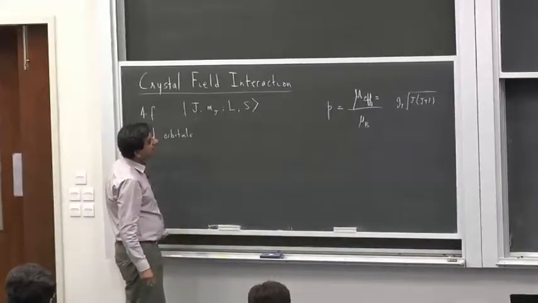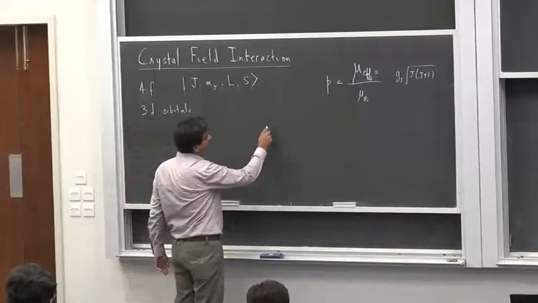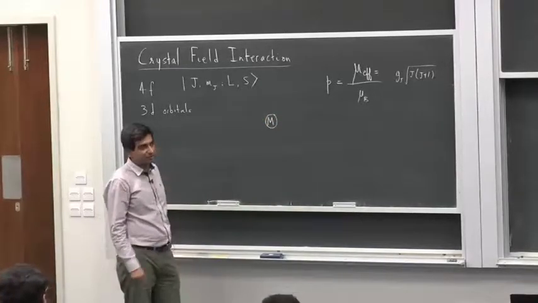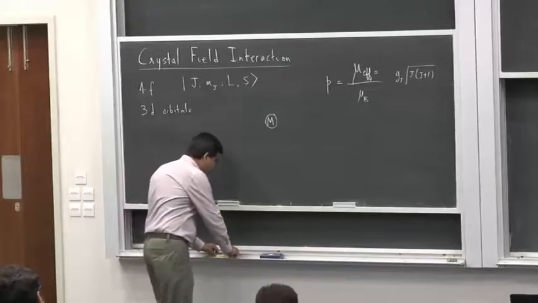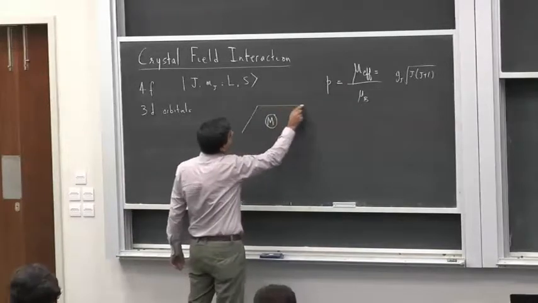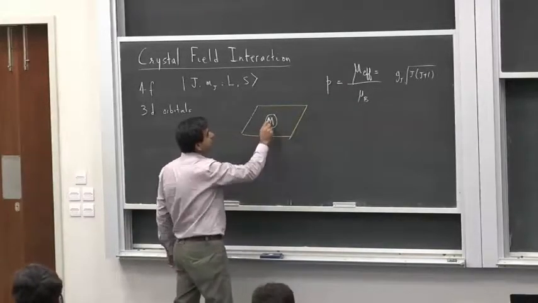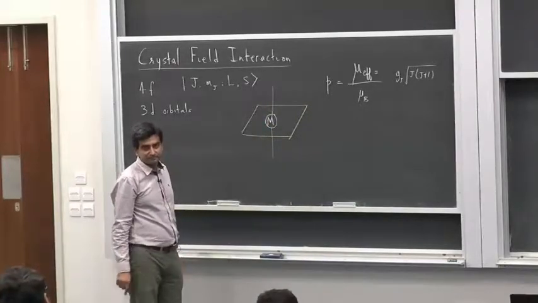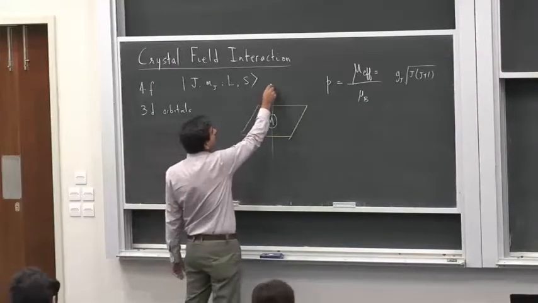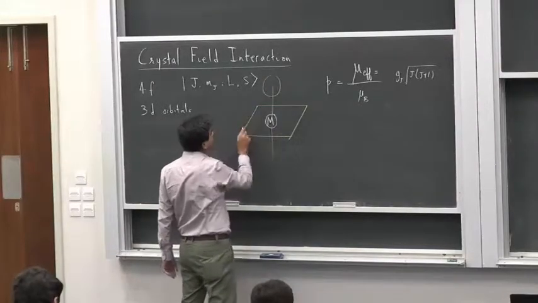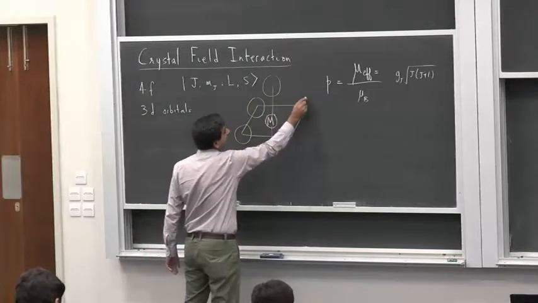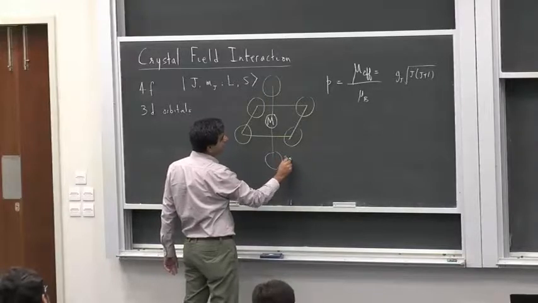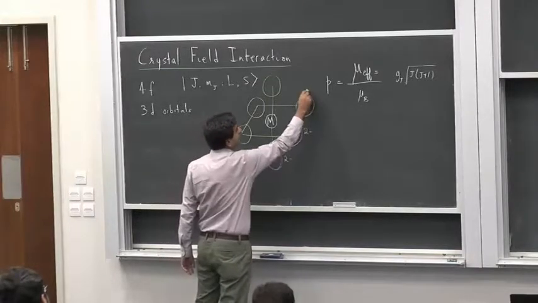Now we know that if I have an ion, say a metal ion, which is a cation, positively charged, and this is in the vicinity of anions, negatively charged ions, for example oxygen. Okay, so this is an oxygen anion, another oxygen anion. These are negatively charged centers, each carrying a charge of 2 electrons.